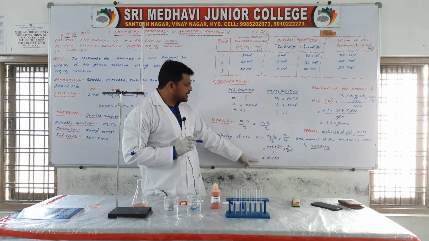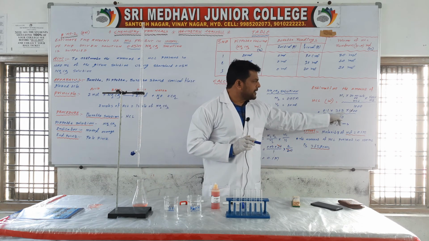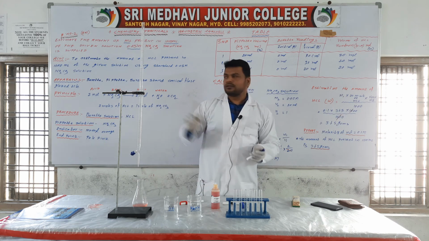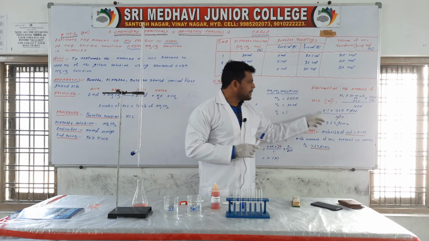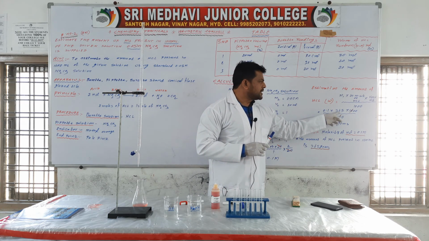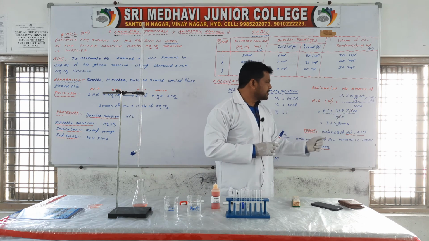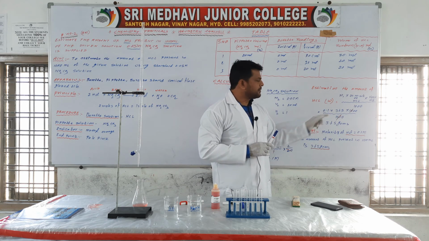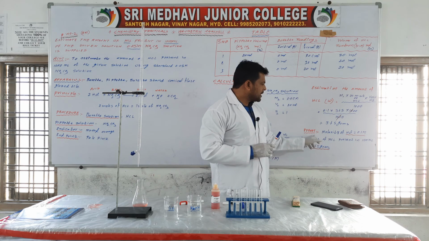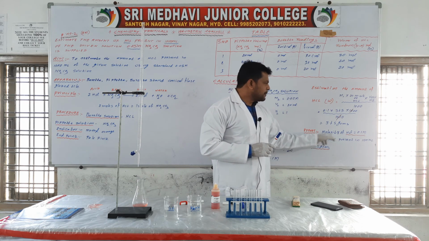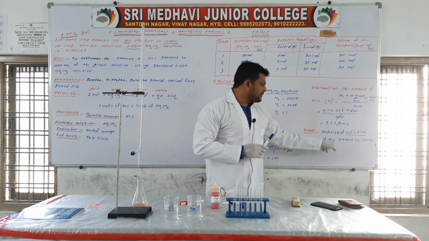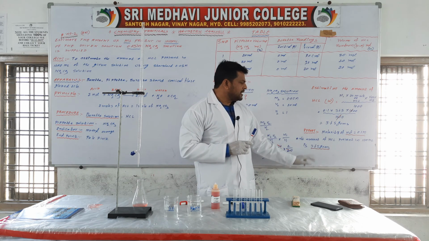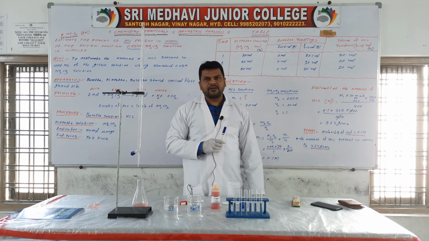0.1 molarity was already calculated here. So this is the molarity of HCl. Then 36.5 into 1000 by 1000. Why are we taking 1000? Because the volume is 1000 ml. Then 0.1 into 36.5 into 1000 by 1000, so it is 0.1 into 36.5, which is 3.65. Then in the report we write molarity of HCl 0.1 molar, and the amount of HCl present in 1000 ml is 3.65 grams.